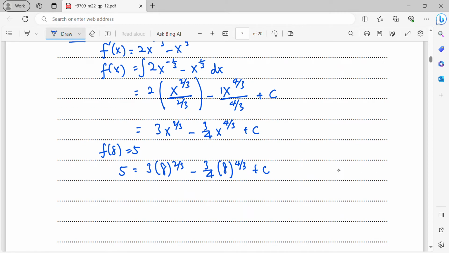When you count the values, the first one is actually 12, the second value on the right hand side is also 12, then plus c. So obviously our c now is 5. Therefore, just substitute into this expression, and then you will get the f(x).